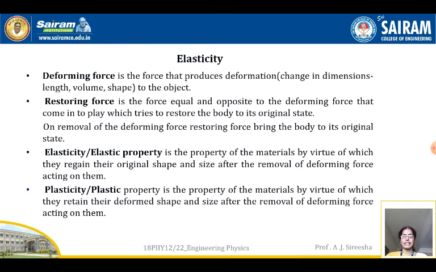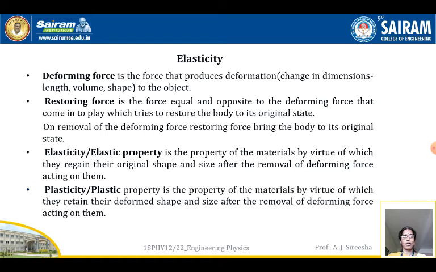Next is plasticity, or plastic property. Plastic property or plasticity is the property of a material by virtue of which they retain their deformed shape and size after the removal of the deforming force acting on them. That means it is retaining the shape that has been changed.